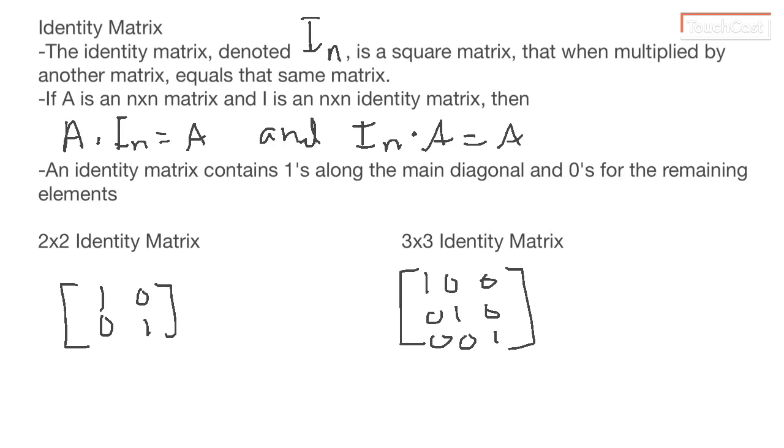And if we take the identity times A, we get A back. Now an identity matrix contains only ones along the main diagonal. Main diagonal meaning the first element to the very last element. And zeros for the remaining elements. And I have drawn here an example of a 2 by 2 identity and a 3 by 3 identity.